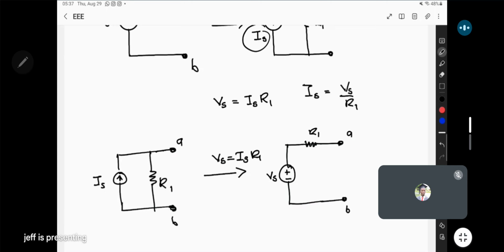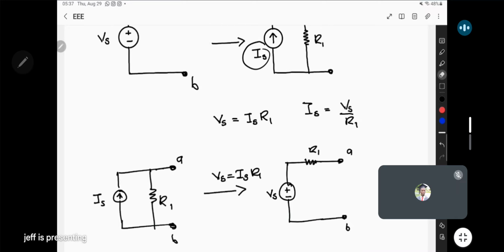So this has to be one of the easy concepts that you're going to look at in this course. So with that in mind, let's see how we can use this in our circuit.